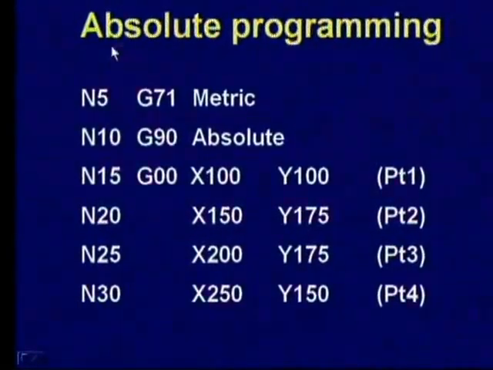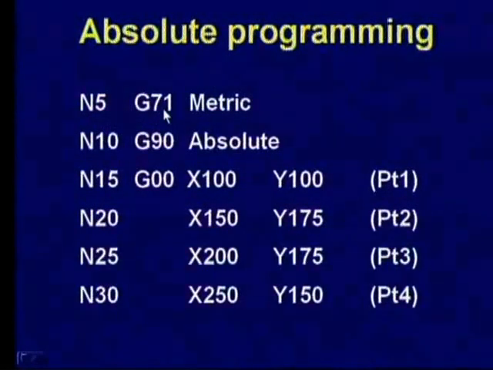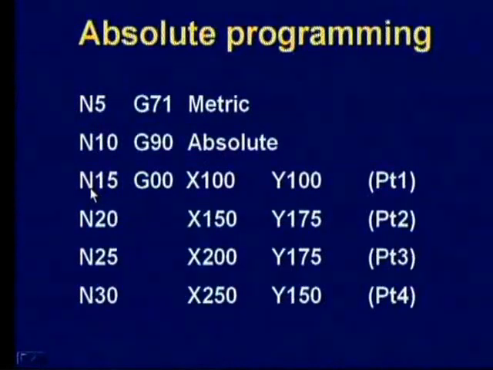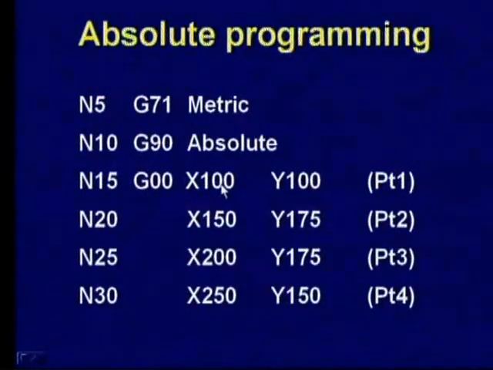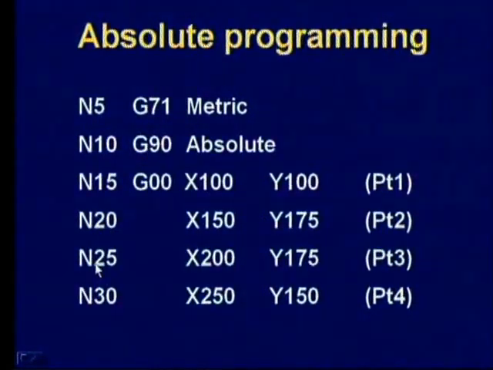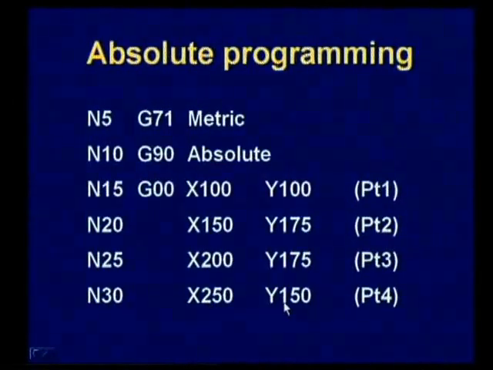One is N5, the block number, G71 denotes the metric, G90 under block number 10 denotes absolute, block number 15 preparatory function G00, that means it is a rapid traverse, x100, y100, that is displacement in the direction of x and y is 100 and 100, that is it traverses inclinely, N20 x y, N25 x 200, y 175, N30 x 250 and y 150.